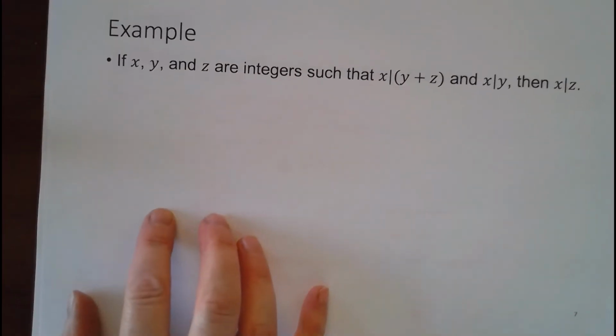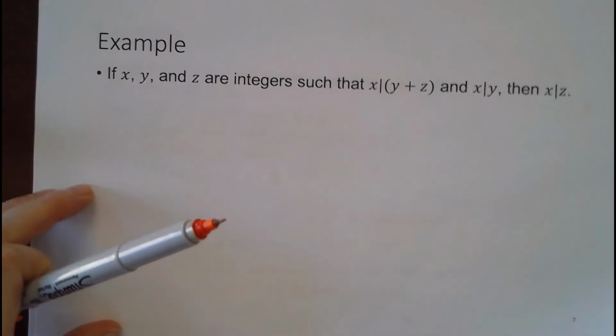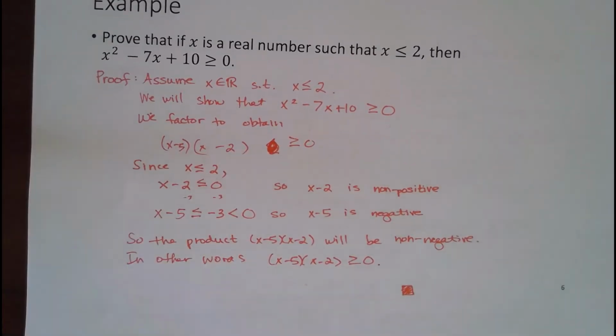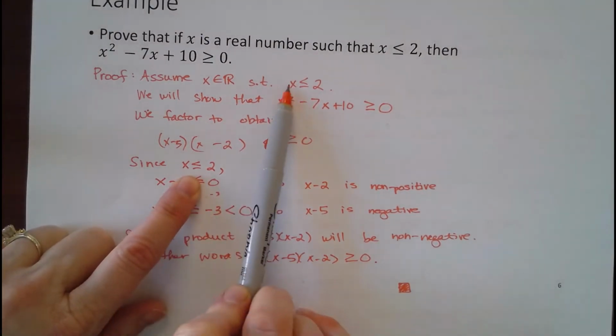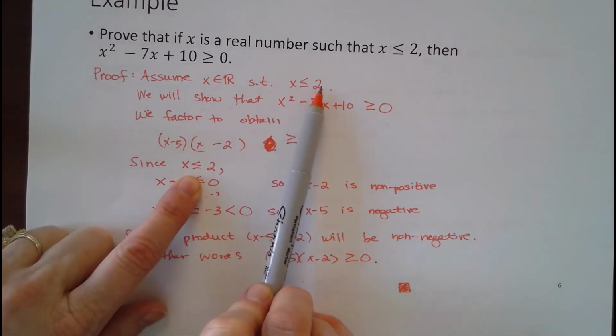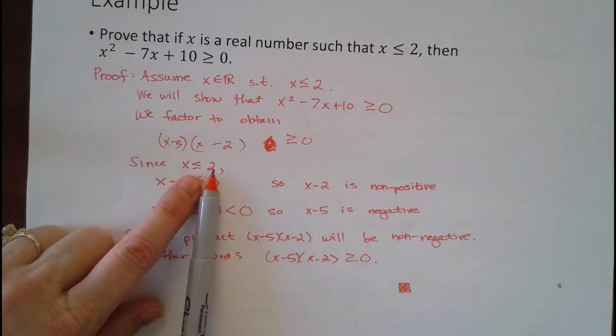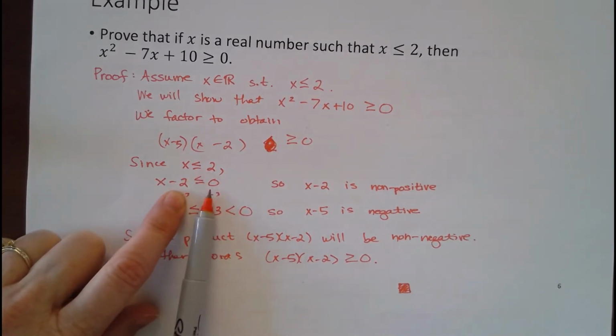I have to go back to that example. So essentially what we do is plug in 2 for x, subtract 5, and it costs negative 3. It all went off of our assumption that x is less than 2. So I started by subtracting 2 from both sides to get x minus 2 is less than or equal to 0.